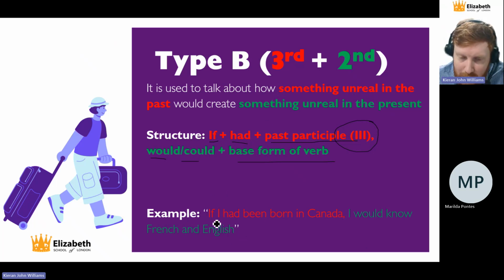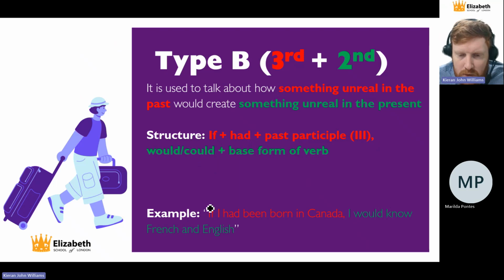Okay, so we have a different past. Maybe you were not born in Canada. I imagine you're not. Okay, so that would be a different past. And then your present would then be different too. So does it follow the same structure? Yes, it does. If plus had plus the past participle form of the verb, would plus the base form of the verb.